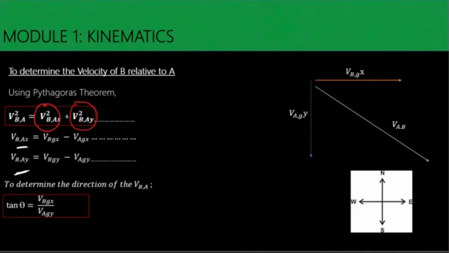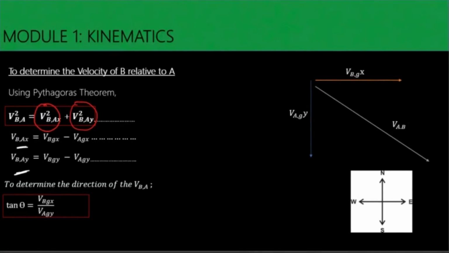But if you look at that expression, they said relative velocity of B with respect to A, right? So you are going to determine the velocity of B relative to A on X axis plus velocity of B relative to A on Y axis. So the velocity of B relative to A on X axis is going to be the velocity of B relative to the ground on X axis minus the velocity of A relative to the ground on X axis.